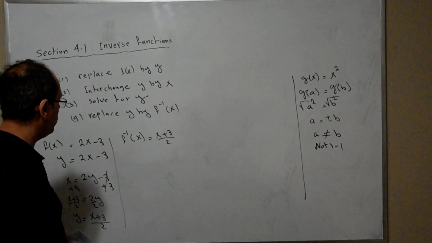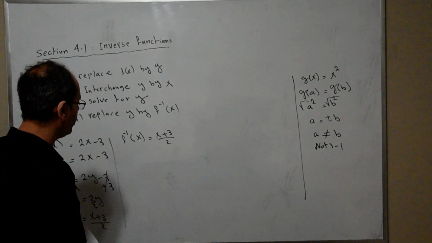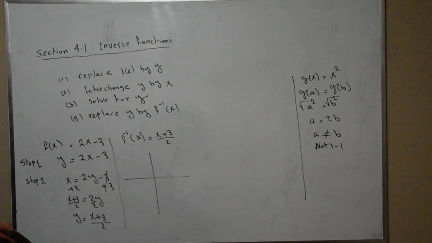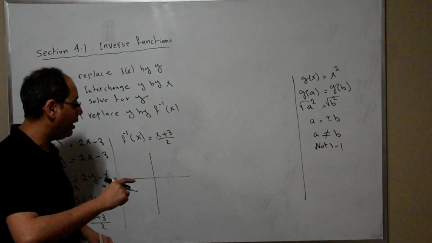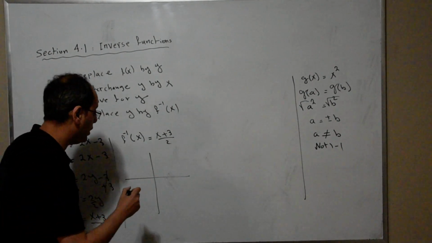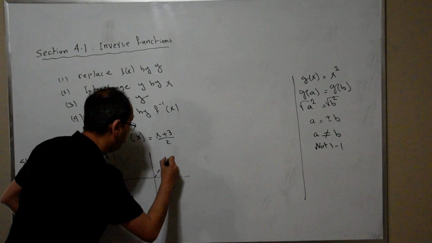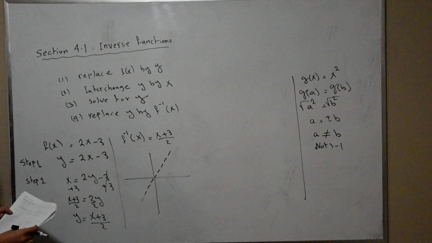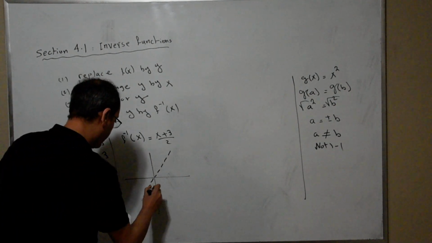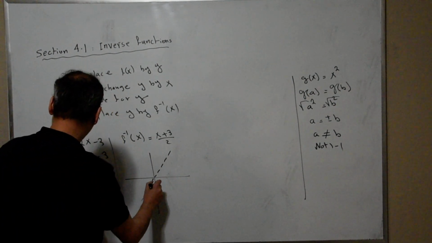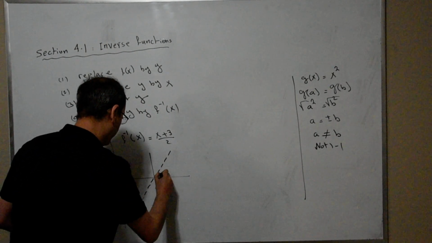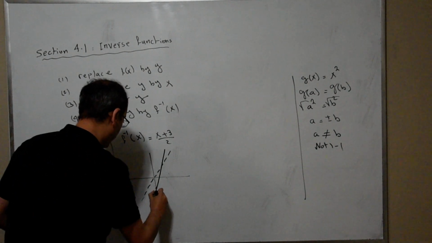Before we go to the second function, I need to explain something here. The function and the inverse function are reflected about y equals x. So it is y equals x. Okay, and here I go to negative 3, and 2x must be that way.